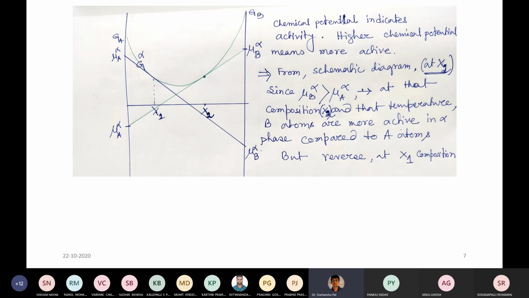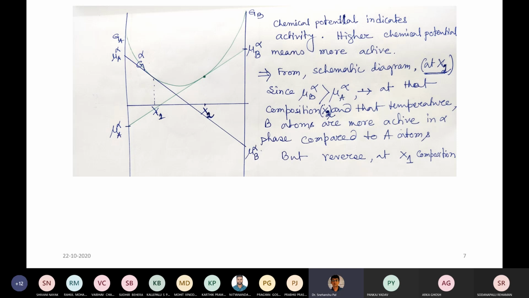Please remember, chemical potential cannot be denoted for a particular phase. Chemical potential is always of a particular element present in a particular phase. Nobody should forget that statement from now onwards. Gibbs free energy can be assigned to a particular phase, but chemical potential can only be assigned to a particular element present in a particular phase.